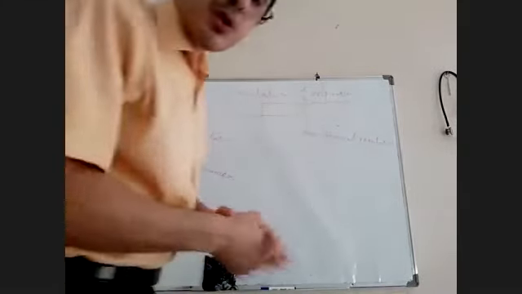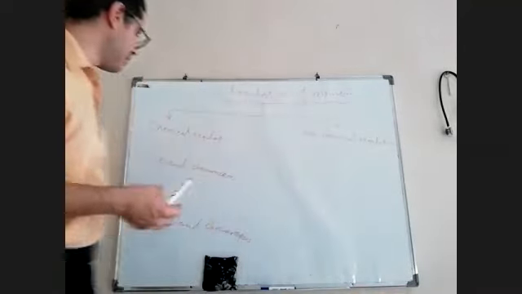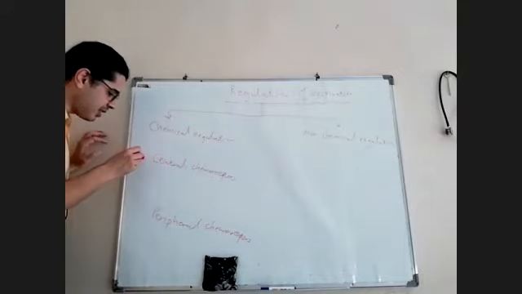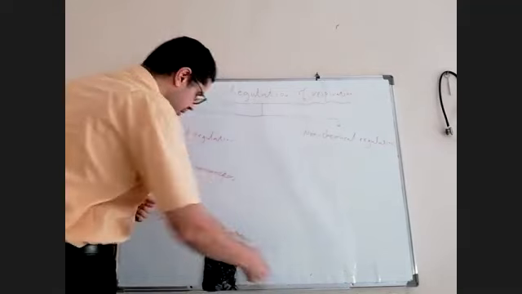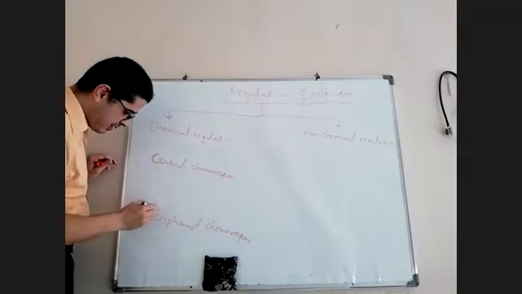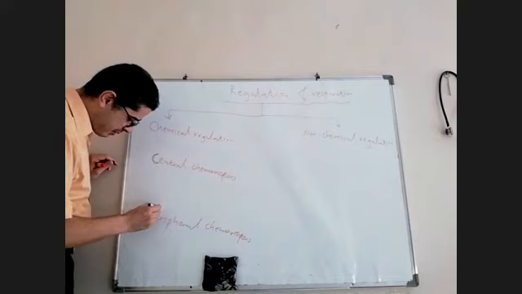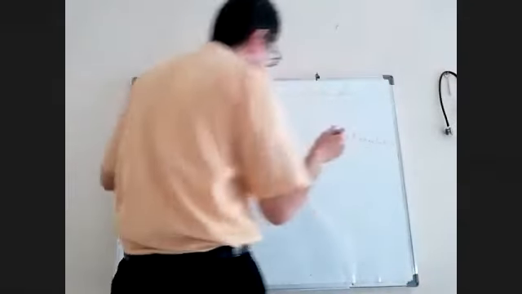Okay. So regulation of respiration, we have chemical regulation and non-chemical regulation. Chemical regulation with central chemoreceptors and peripheral chemoreceptors. Non-chemical regulation, we have three things.